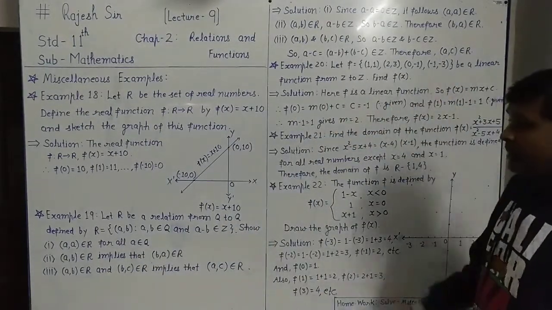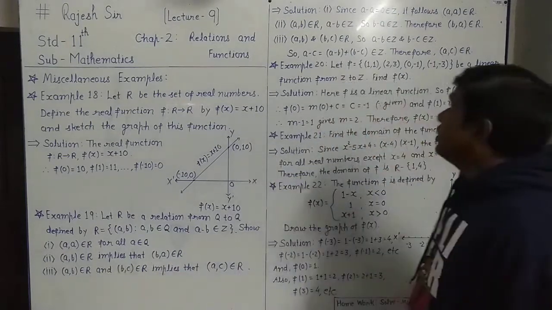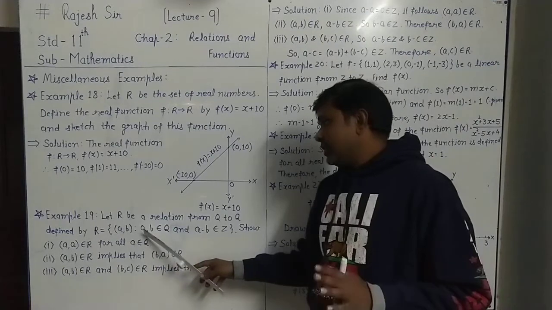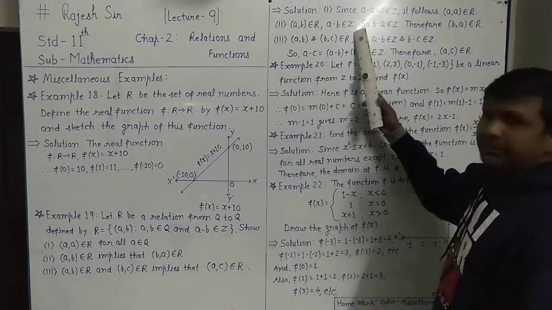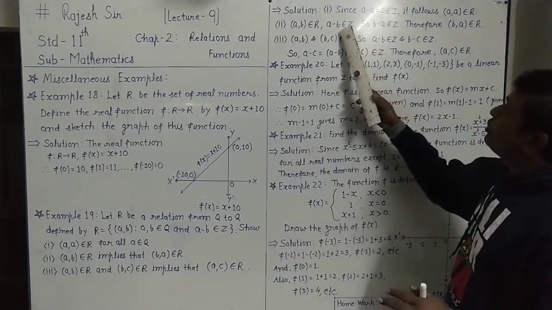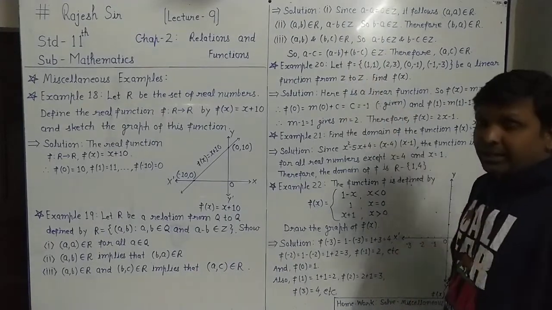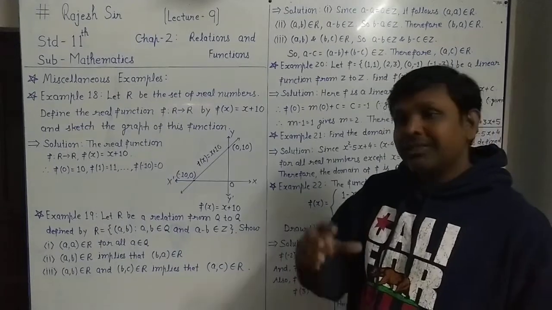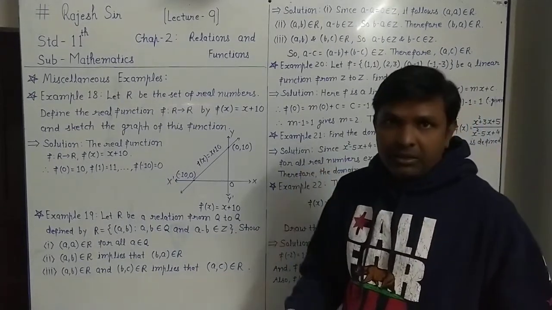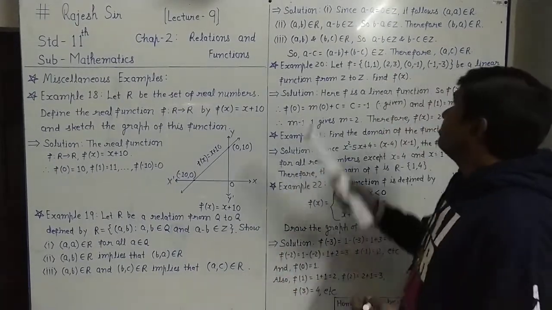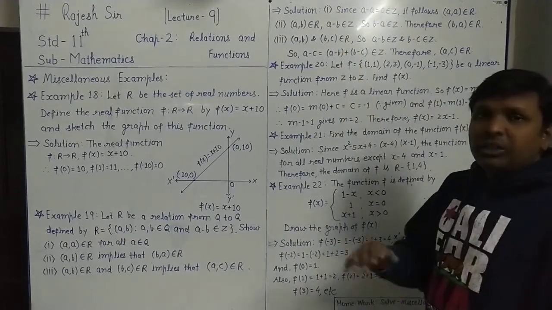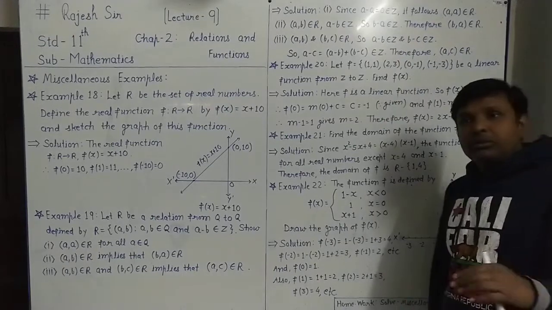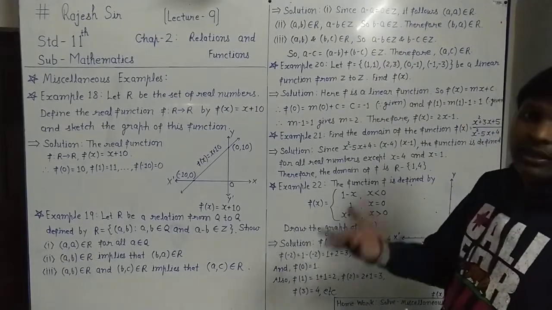Second: (a, b) belongs to R is given, which means a minus b belongs to Z is given. If the difference between any two rational numbers is an integer, then its reverse, b minus a, only has a sign change, and in Z, the integers, both plus and minus integers are included.